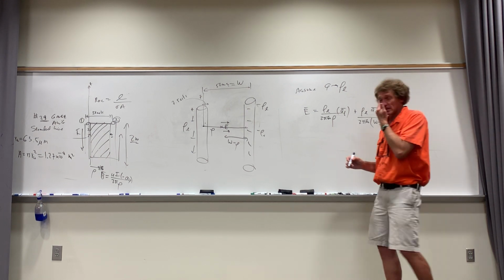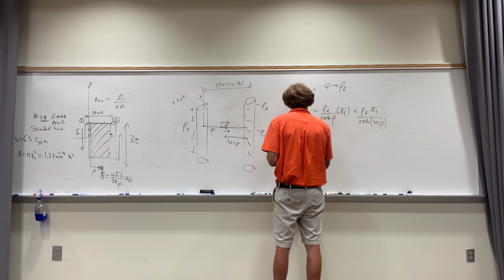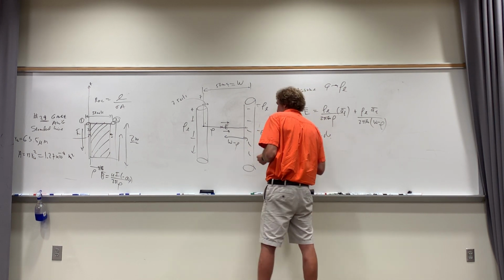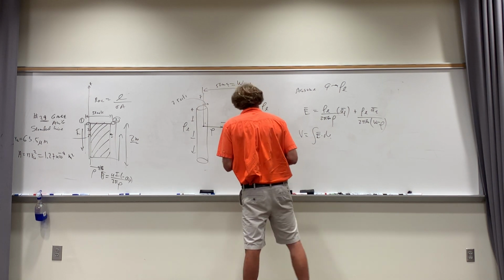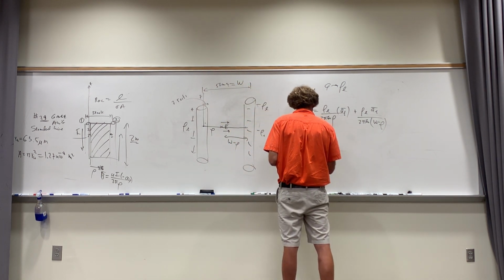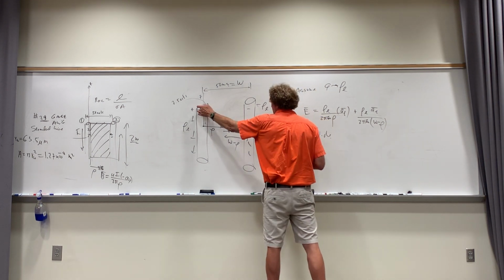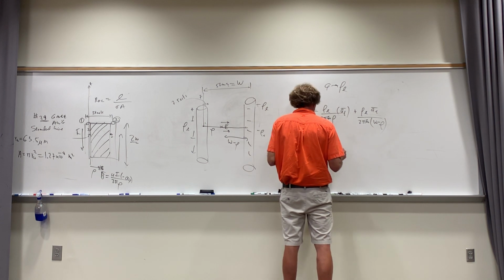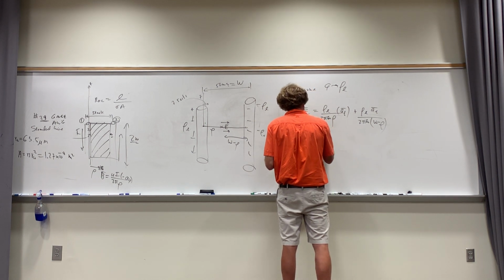Then I'm gonna get the voltage. Now just listen. The voltage will be equal to the integral of E dot dl, and it would go from the inner radius, which is 7.5 mils, to the outer, all the way over to W minus 7.5 mils.